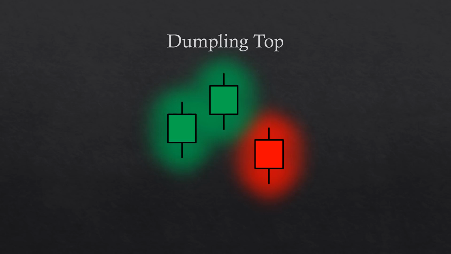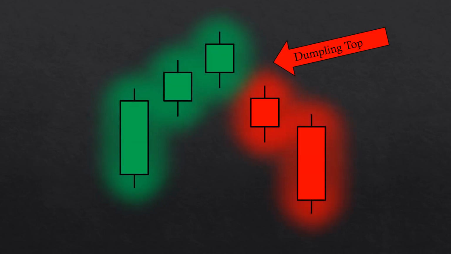What catches the attention of the fry pan bottom and the dumpling top is that the third candle seems to hit an unexpected barrier to change direction. The dumpling top appears when price is going up in order to signal a reversal to the downside. This pattern finishes off the set of complex reversal patterns formed by 3 candles.